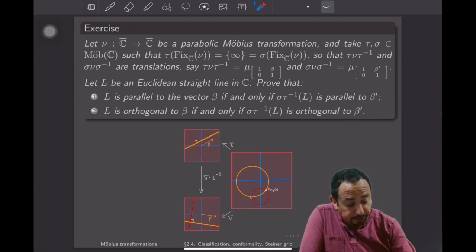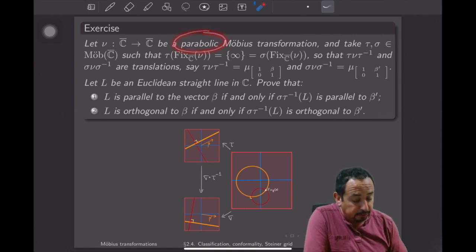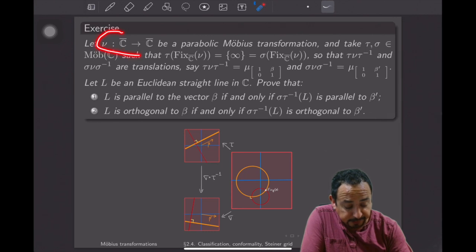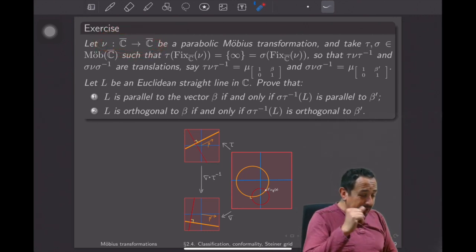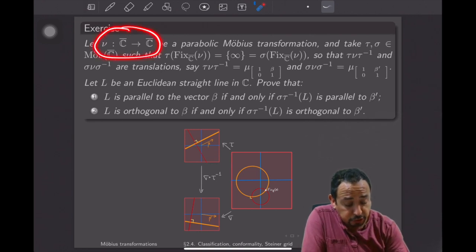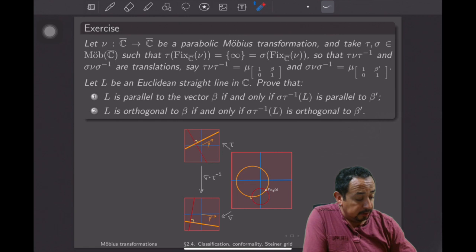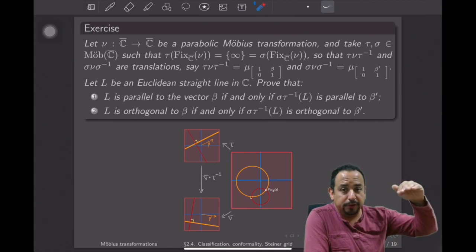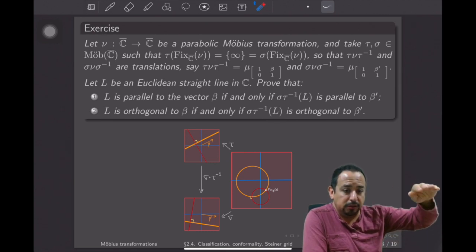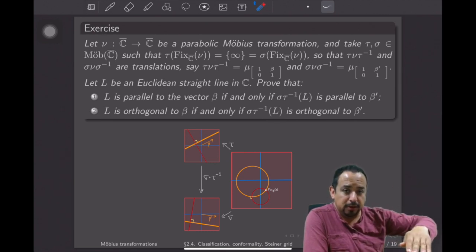Okay, so now in the parabolic case, when my Möbius transformation has exactly one fixed point, I know that nu is conjugate to any translation you want to give me, right? Because I know that it's conjugate to a translation, and I know that any two translations are conjugate.